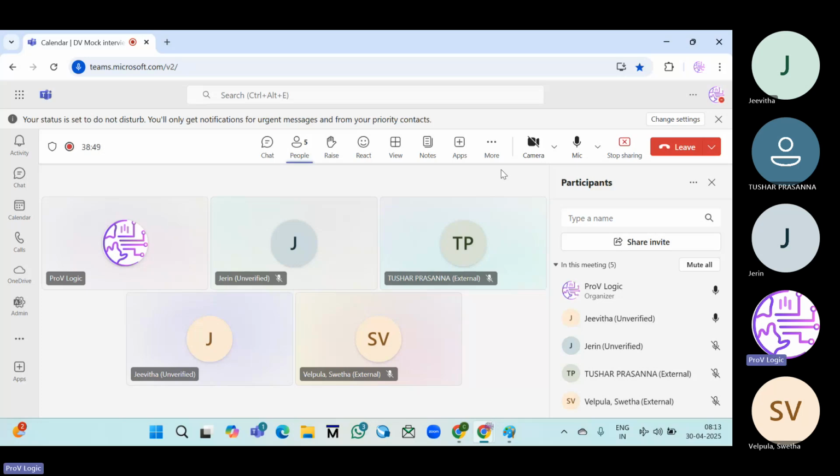Jarin, can you answer? What are synthesizable, what are non-synthesizable? What is the difference between synthesizable and non-synthesizable?